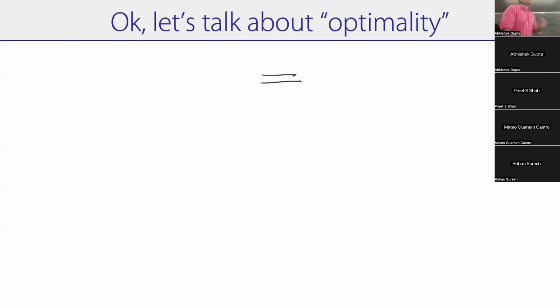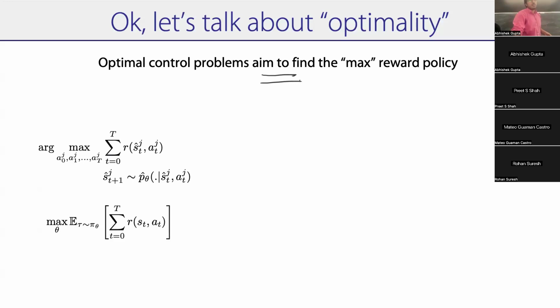But yeah, let me try and motivate it a little bit, right? So far we've been talking about getting optimal policies. We've been saying optimal, right? And so optimal policies are trying to say you're trying to do some objective like this. You're trying to maximize the expected sum of rewards with a policy, with a model, right?